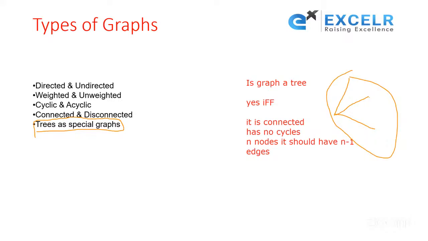It is acyclic, and the number of vertices is 1, 2, 3, 4, and the number of edges is also 1, 2, 3, 4. So this is also a tree. This is a tree, this is a tree, and both are graphs as well. Right? Okay, any more questions?